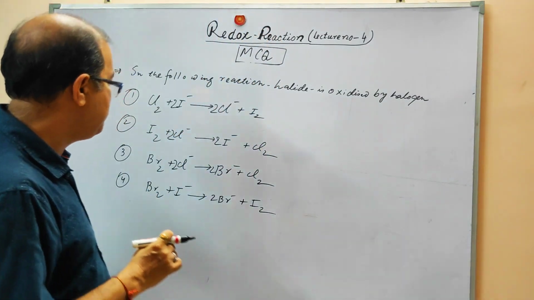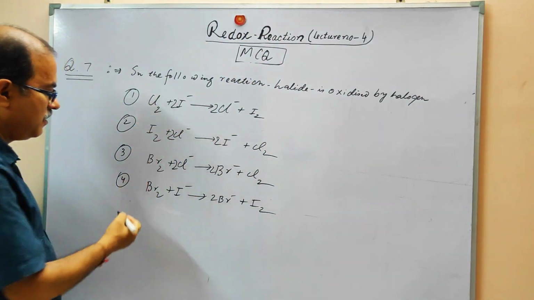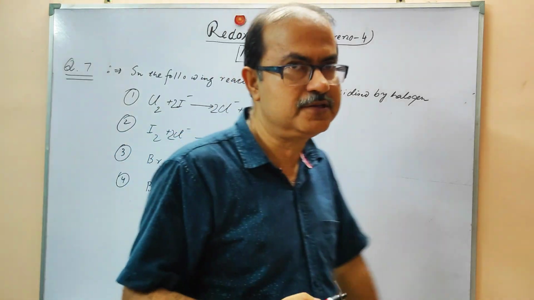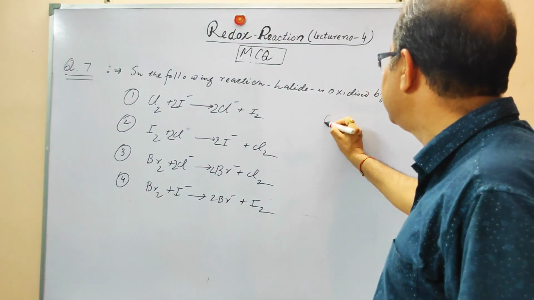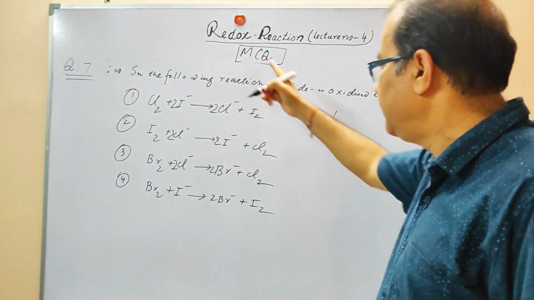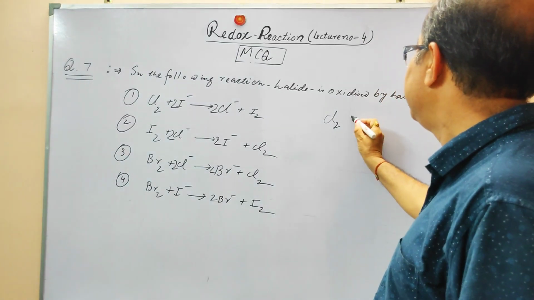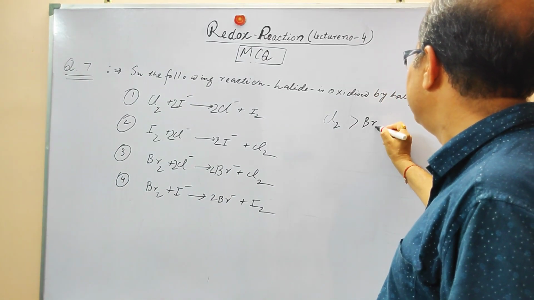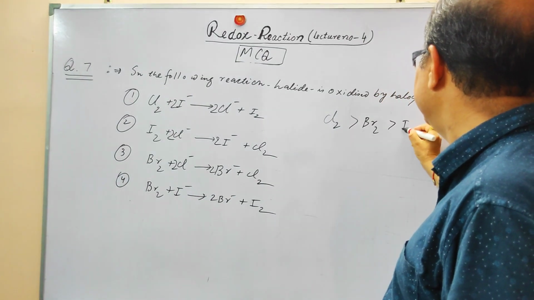As for example, here you can see, chlorine will have the highest oxidizing power, followed by bromine, and bromine is followed by iodine.